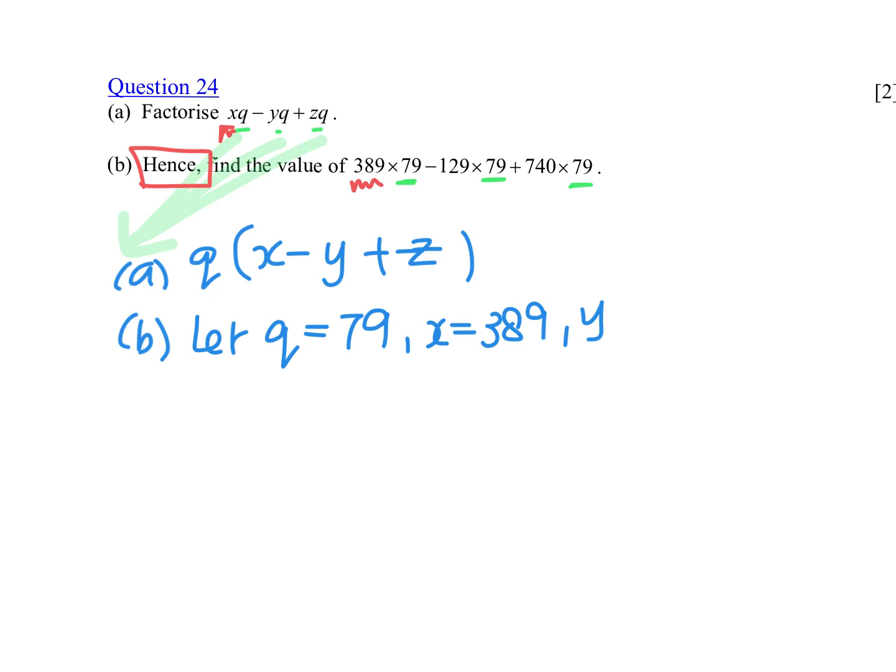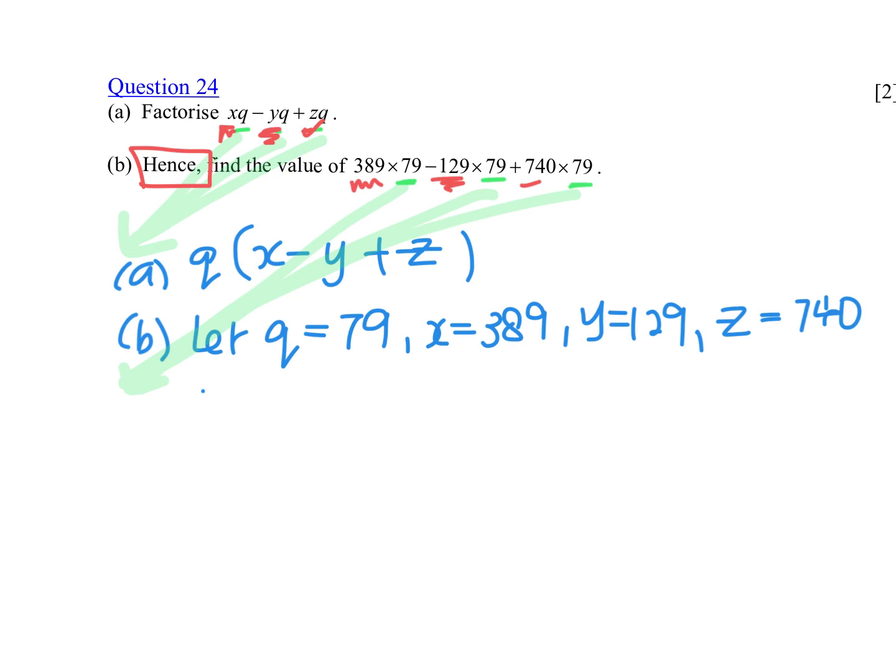Y will be equal to 129. And last but not least, Z will be equal to 740. So if I use that pattern, noticing the common factor, we only write it one time.